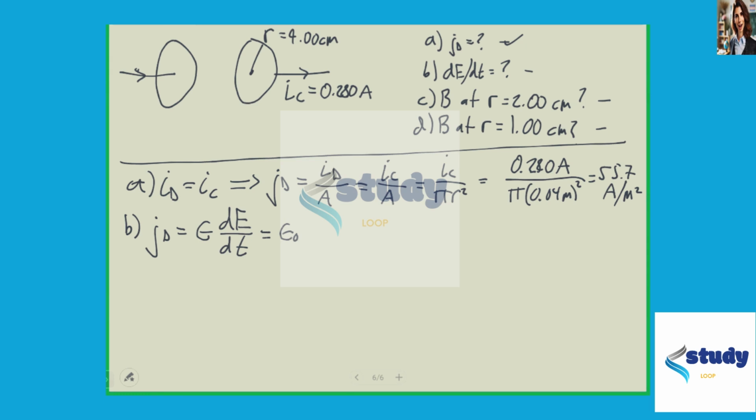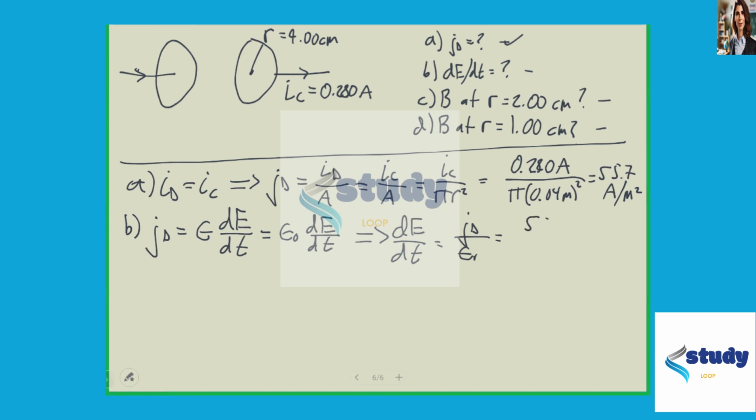So we can just solve for dE dt. dE dt is going to be JD divided by epsilon naught, where JD is the number we got from A for our displacement current density.